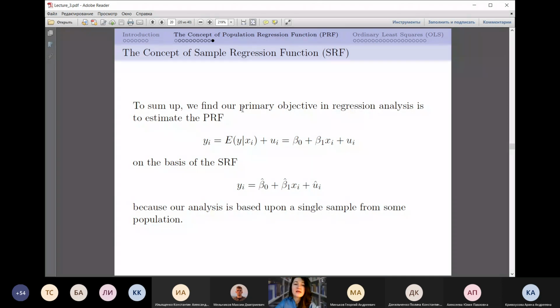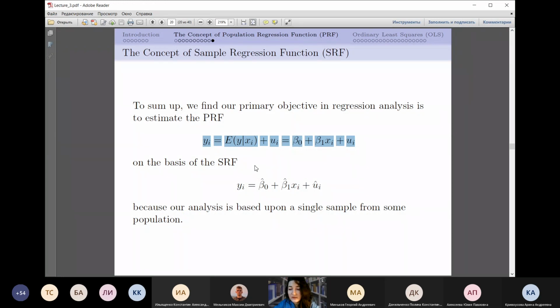The main idea of this concept is that our objective in regression analysis is to estimate the population regression function. But as we don't have all the population data, instead of this, we use the sample regression function.